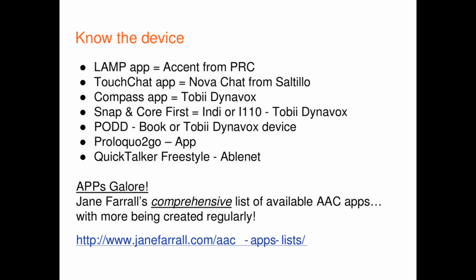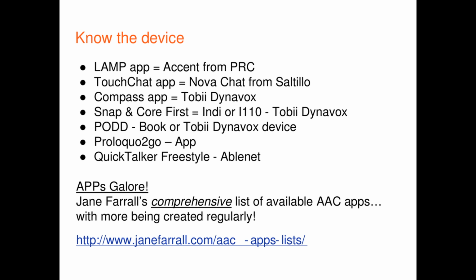I do have students using Proloquo2Go on an app. And I have another student, we're looking at the QuickTalker Freestyle from AbleNet. Proloquo2Go, for example, is just on the iPad. It doesn't have a dedicated device that goes with it. But the QuickTalker Freestyle is a dedicated communication device from AbleNet that any app can be loaded on. So that's a fundable way to get basically any communication app you want.